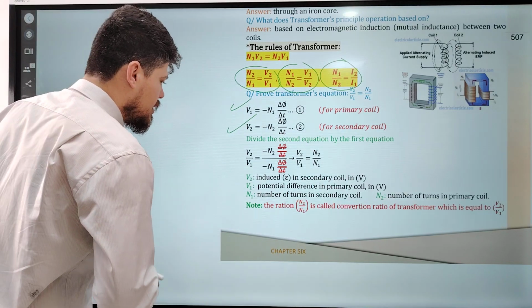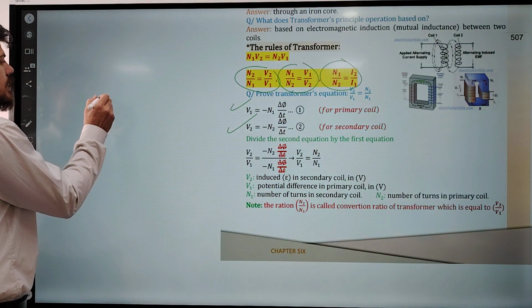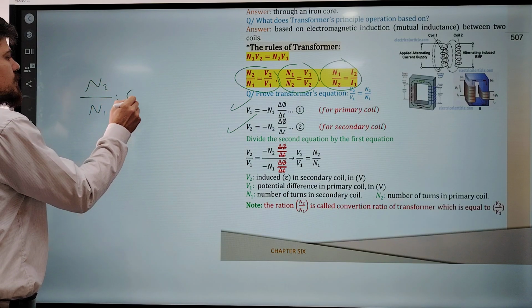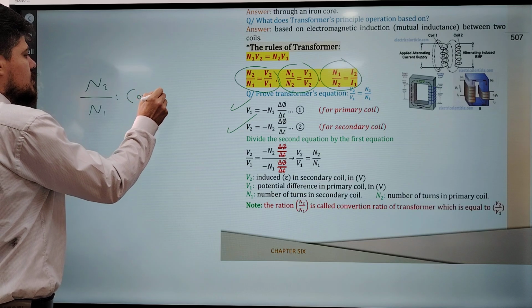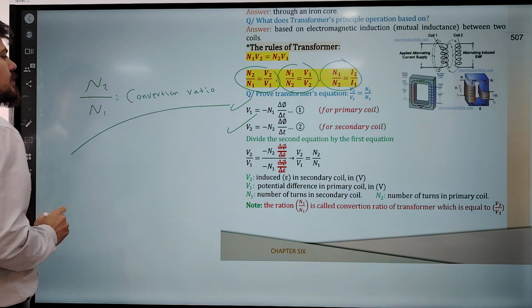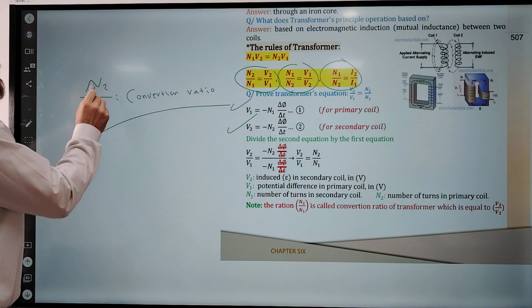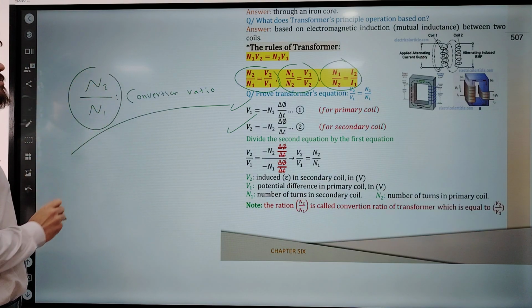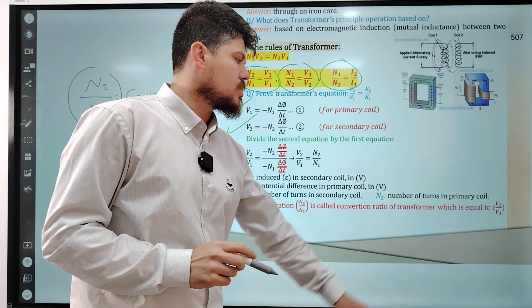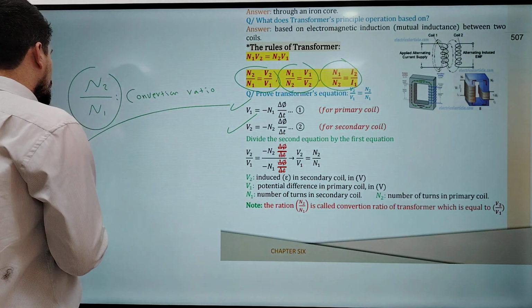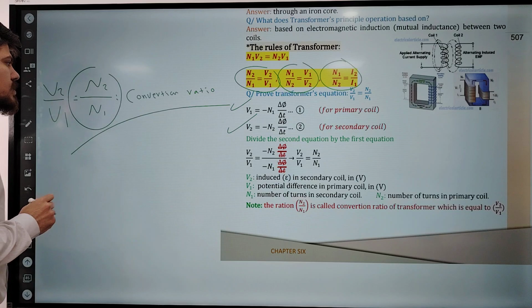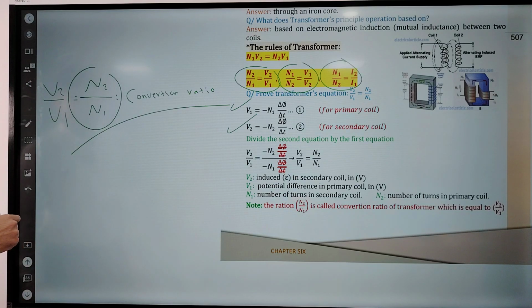So we have this term N2 over N1, which is called the conversion ratio. What is the conversion ratio? It is the number of turns in the secondary coil to the number of turns in the primary coil. This term is called the conversion ratio of the transformer, and it is also equal to V2 over V1, because N1 over N2 is equal to V1 over V2.